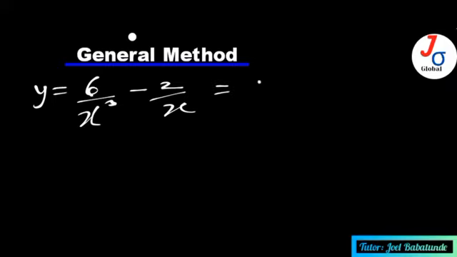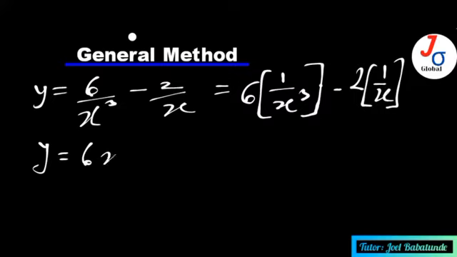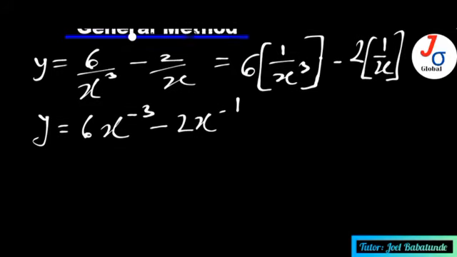I'm going to have 6 into 1 over x cubed, then minus 2 into 1 over x. Okay, so I can write this as y equals 6x raised to the power minus 3 minus 2x raised to the power minus 1. Then I can now differentiate.